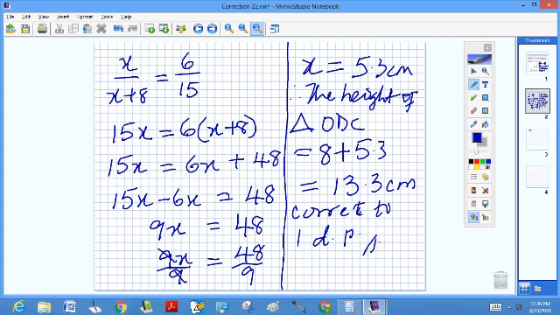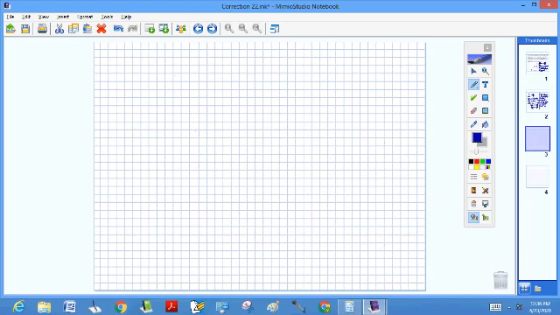So moving ahead, we are asked to find the perimeter of triangle ODC.